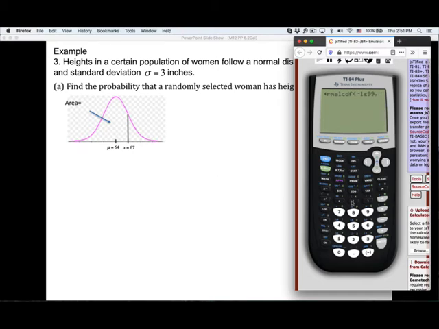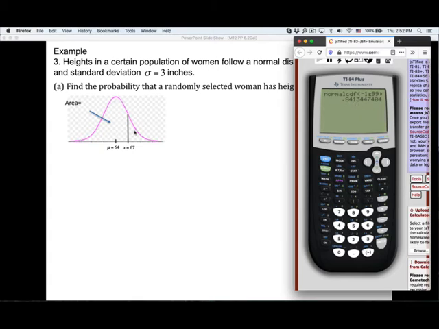Upper value, that will be the 67, comma. And we need to write down the mean. My mean is going to be 64, comma. And my standard deviation will be equal to 3. Okay, close. Enter. So you're going to see that's 0.8413. For the area, we always want it to 4 decimal places. Okay, 4 decimal places. So it makes sense, right?